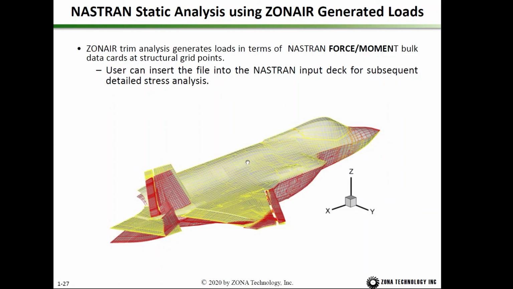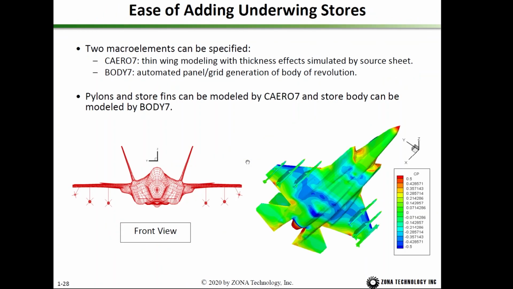So this is the stress analysis, and because ZONAIR is allowed to use the so-called thin wing model, the thickness effect is simulated by the source sheet, and then we put the doublet on a thin wing, which is a flat plate.